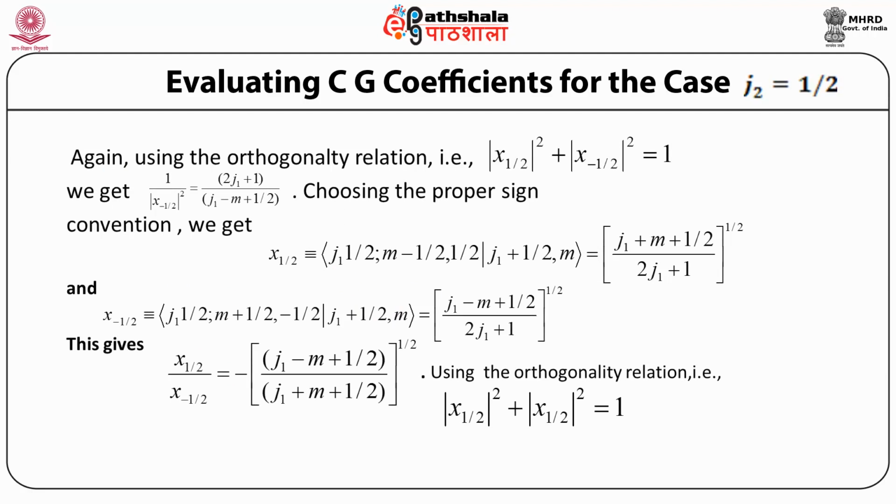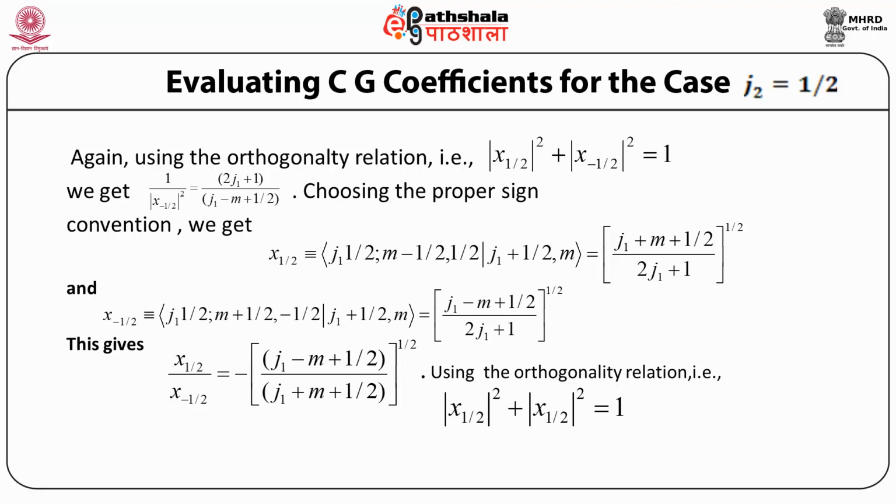Again, using the orthogonality relation, that is modulus of x half square plus modulus of x minus half square equal to 1, we get 1 by modulus of x minus half square equal to 2j1 plus 1 by j1 minus m plus half.